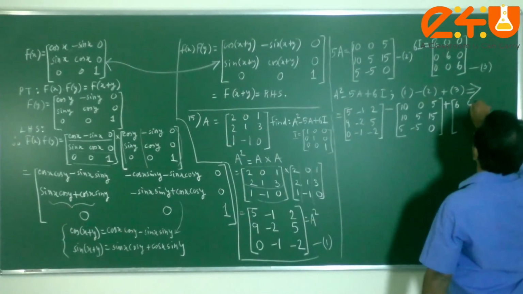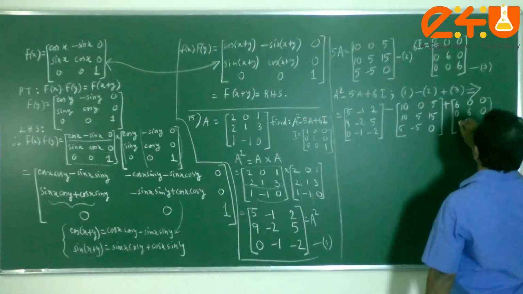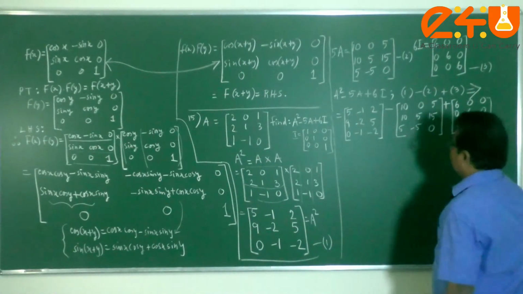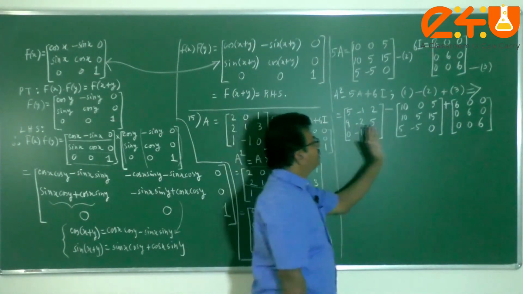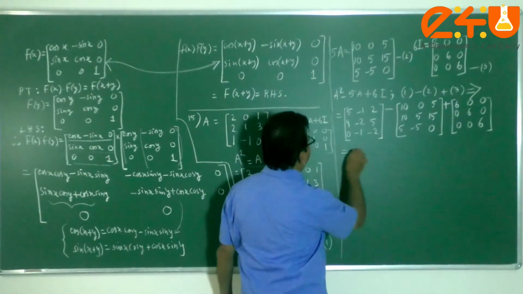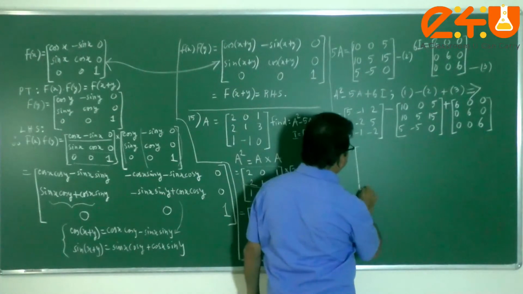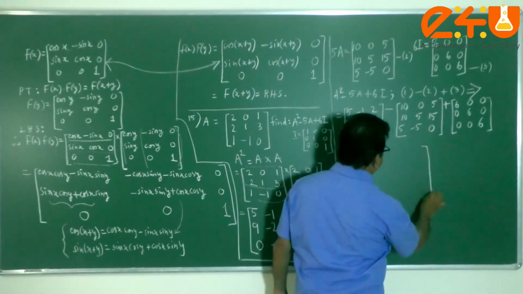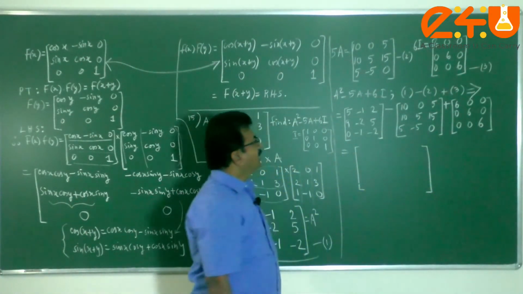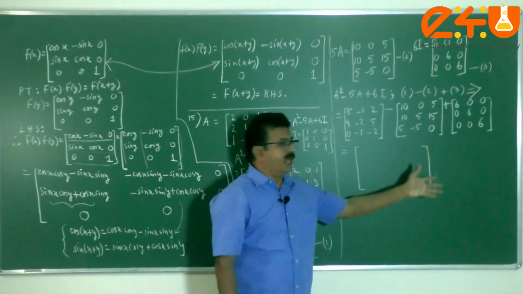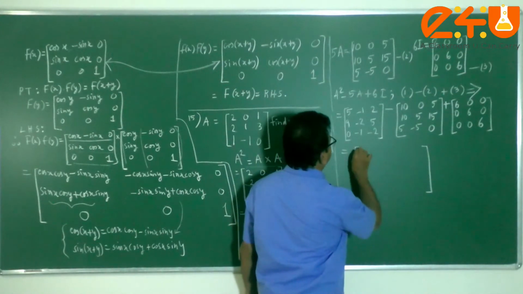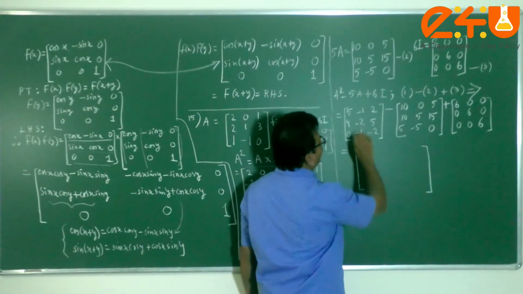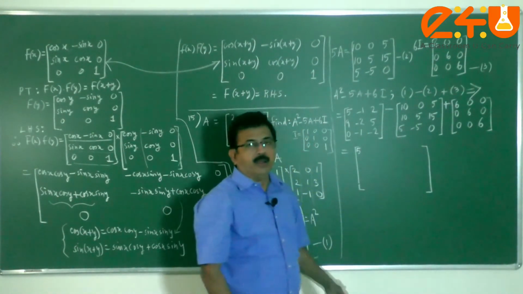So it is 6, 0, 0, 0, 6 and 0, 0, 0 and 6. Now once you have written down all the matrices with proper signs in order, it is very easy to calculate the sum total. Okay, let us put the numbers, gather them.